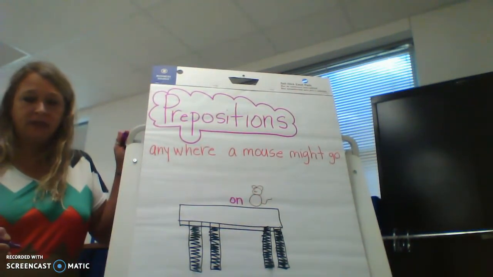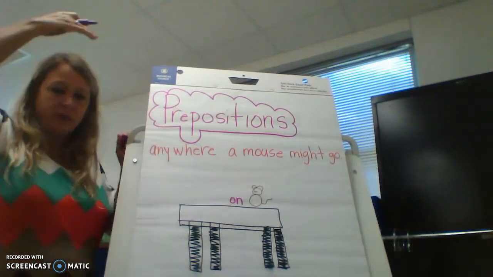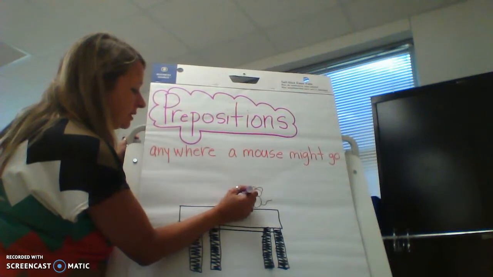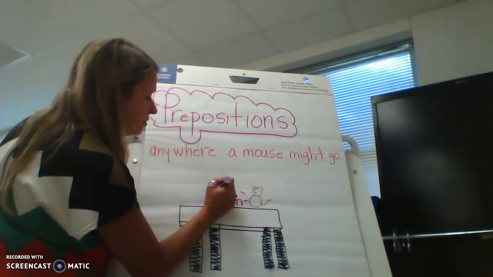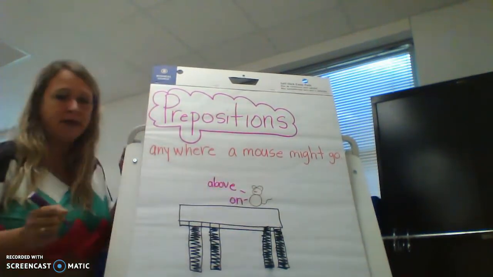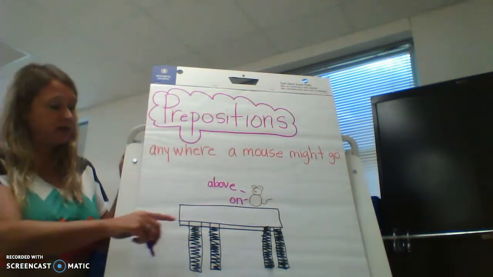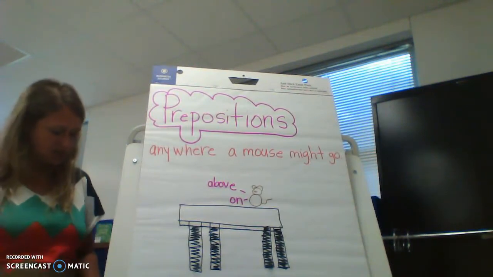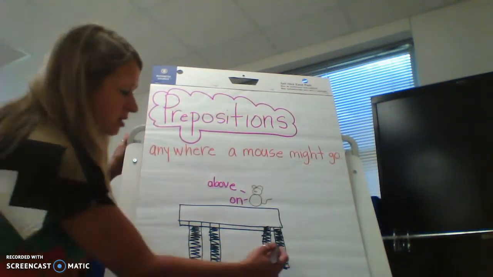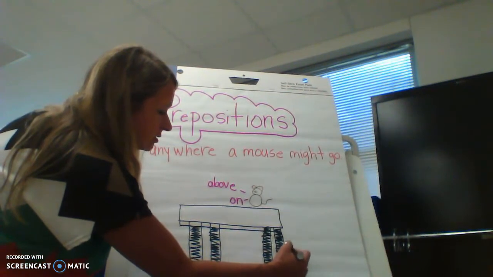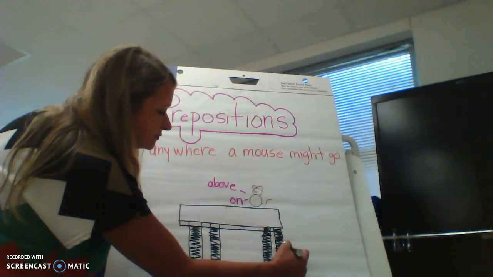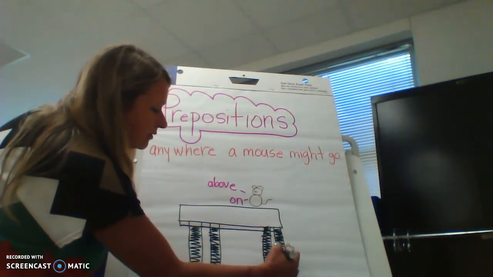Where else could he be? Up here. Remember when the paper was up here? That's right. He could be above the table. On and above are prepositions that tell where the mouse is. What about if the mouse is over here, peeking out from behind?